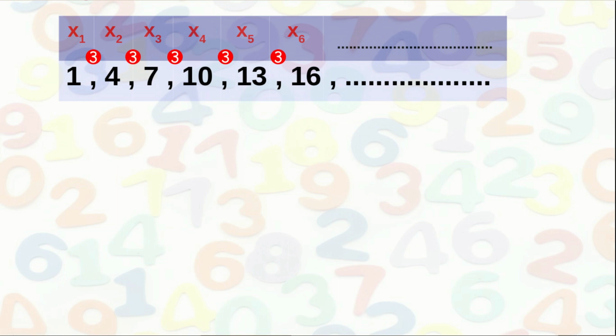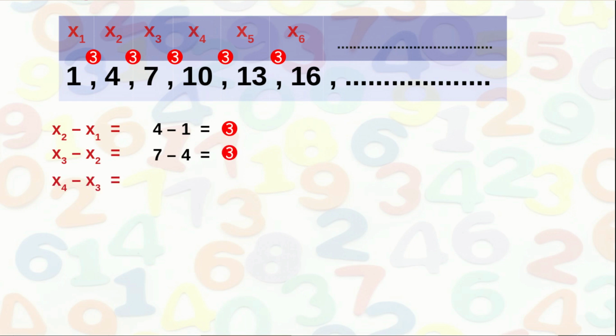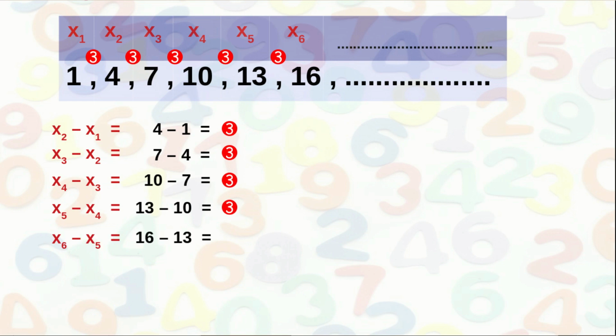Let's check it. Second term minus first term, x2 minus x1, 4 minus 1, is 3. x3 minus x2 is 3, x4 minus x3 is also 3, x5 minus x4 is 3, x6 minus x5 is 3.